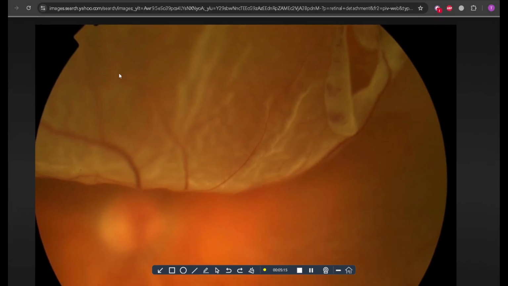The appearance is wrinkled, as you can appreciate here, and the appearance is relatively grayish. The detached retina appears gray compared to the undetached retina. This is a really cool image that I would like you to keep in mind.